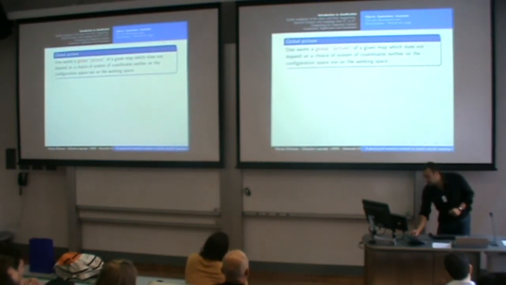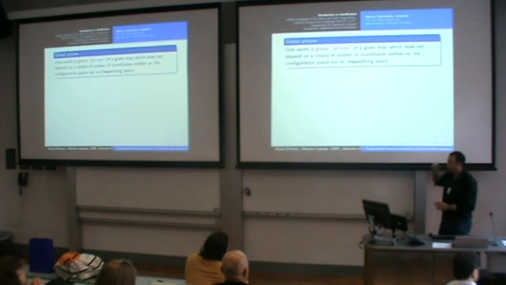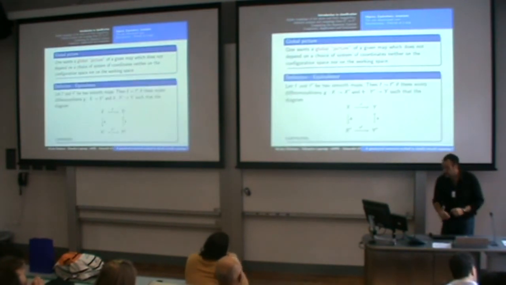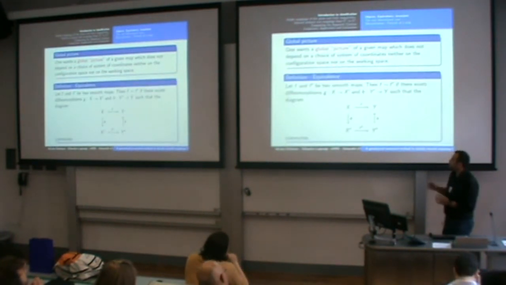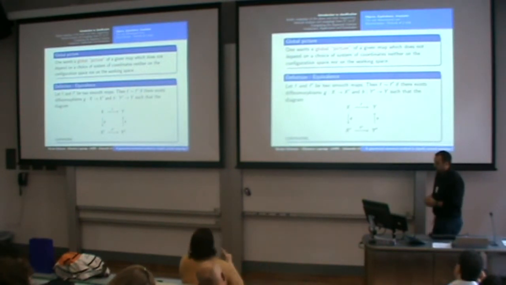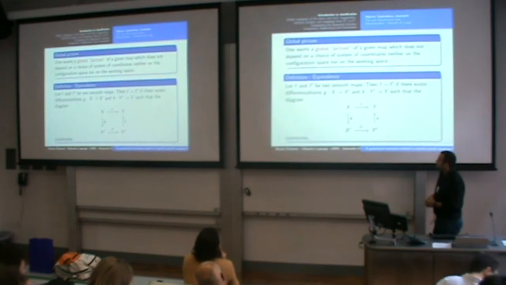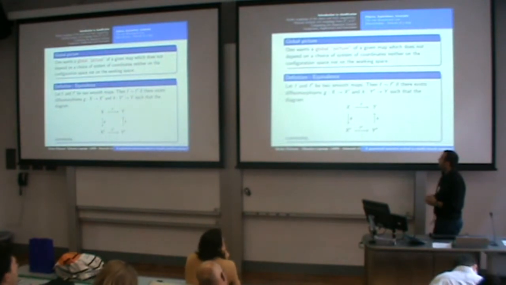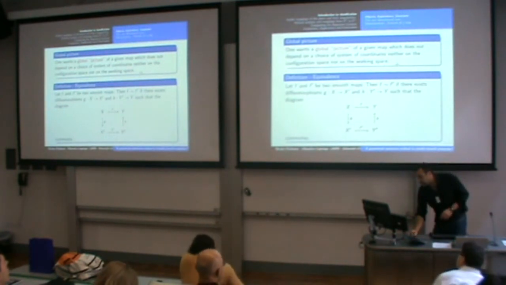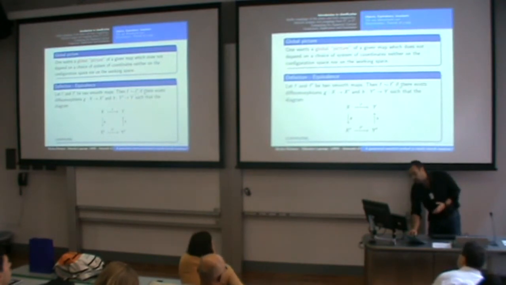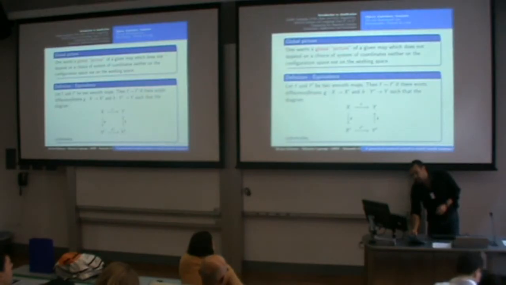Here there's a small mistake because I was thinking about application to robotics. So, in other words, the equivalence that we consider can be presented like this. We have f and f prime, two smooth maps, and we are going to say that f and f prime are equivalent if there exist diffeomorphisms.